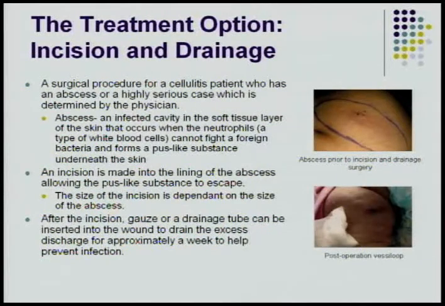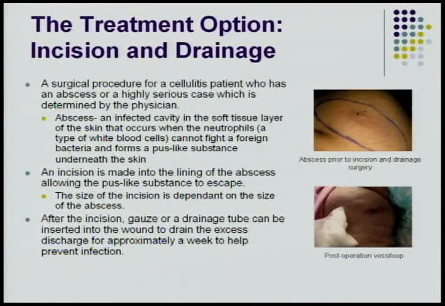For the first treatment option, incision and drainage surgery, it is usually performed on a patient who has an abscess or a highly serious case of cellulitis, which is determined by the pediatric physician. An abscess is an infected cavity of soft tissue where the skin is infected with neutrophils, a type of white blood cell that cannot fight the infection.